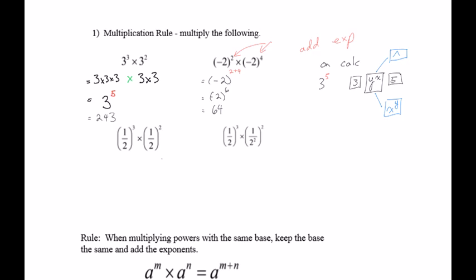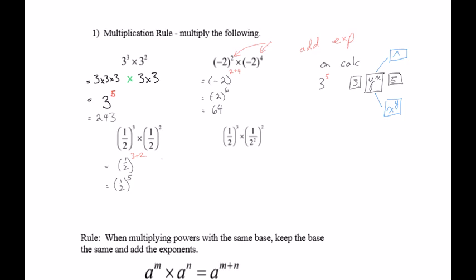Now, we're going to use the same pattern again with multiplication, but we're going to apply it with fractions. You'll notice for 1/2 to the 3rd and 1/2 squared, both of them have a times between them. So we're going to write our base, which is 1/2, and raise that to the 3 plus 2, which is the same as 1/2 raised to the 5.